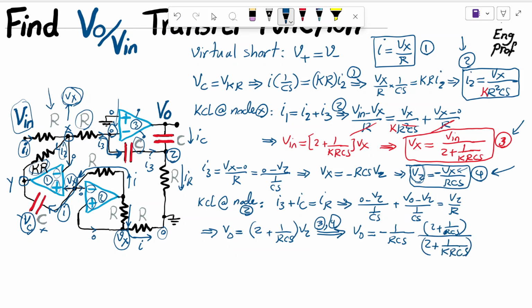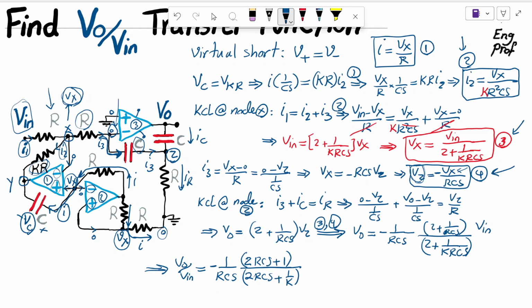So in summary, times Vin. Vout over Vin, the voltage transfer function, is simply minus 1 over RCS. And let's just make sure I'm not missing something, because there are so many variables involved here. So I can say minus 1 over CS, and then what I get is 2 RCS plus 1 divided by 2 RCS plus K, plus 1 over K.